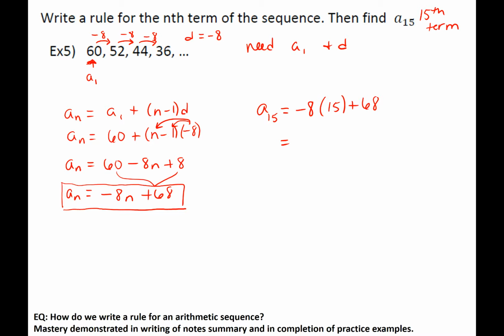That is 120, I think, negative 120. Plus 68, I have negative 52. Yeah, that makes sense. I would double check my math there at the end. I did that pretty quickly.